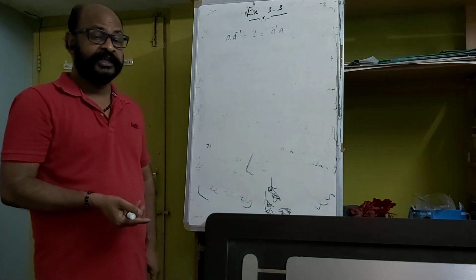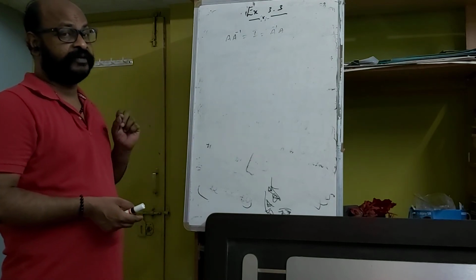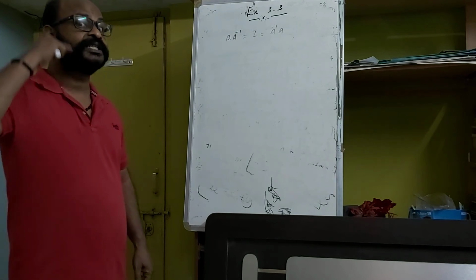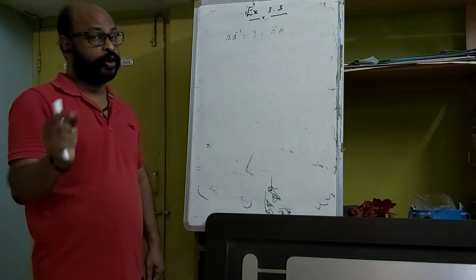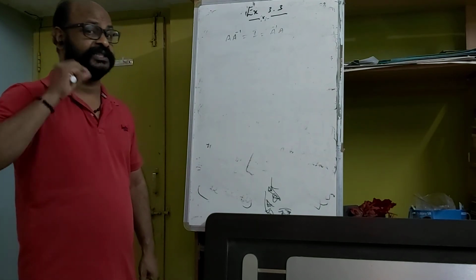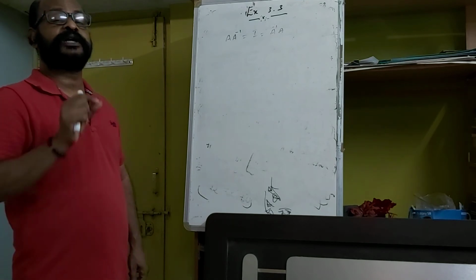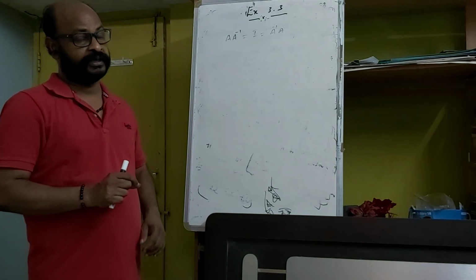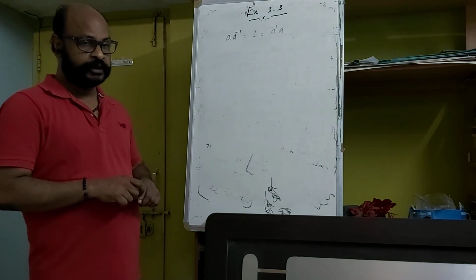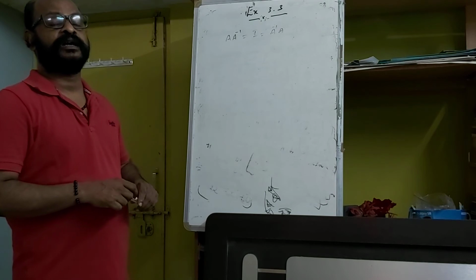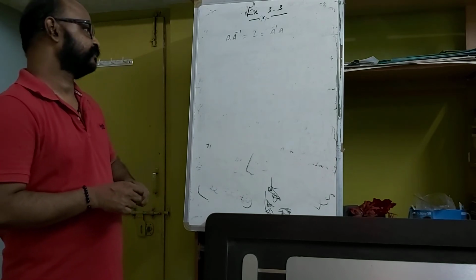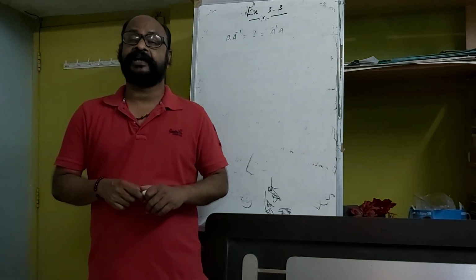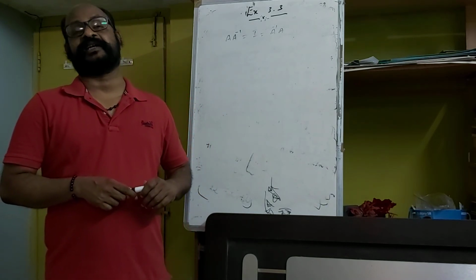That is why in the very definition itself we said, for a given matrix A, if there exists a matrix B such that the products AB and BA equal I, then A is invertible and the inverse of A is B.